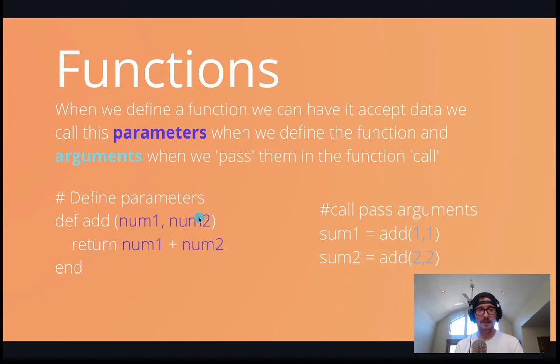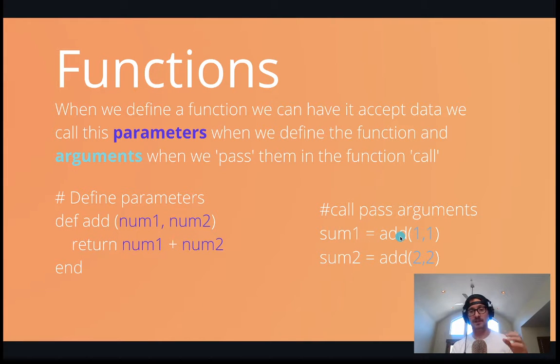So keeping on this example, when we define our method, when we define these parameters, this is what we call them. We call these parameters. This is the data that the function can accept. So I'm naming these parameters num1, num2, and then I can use them in the function.